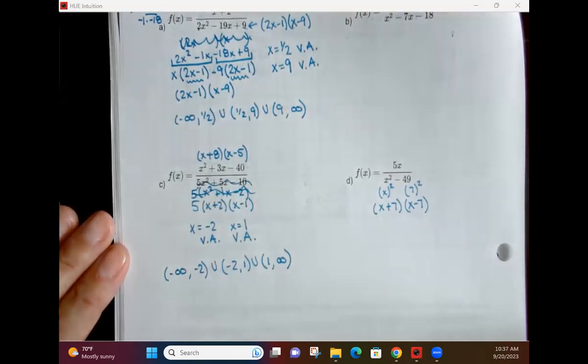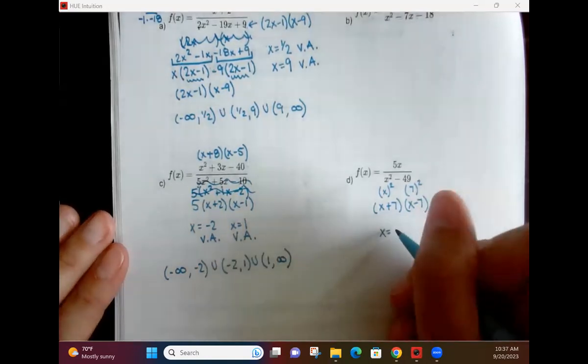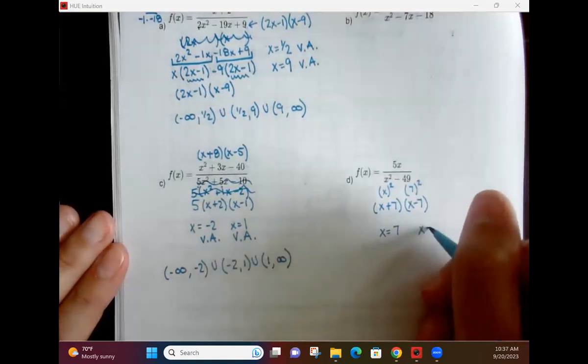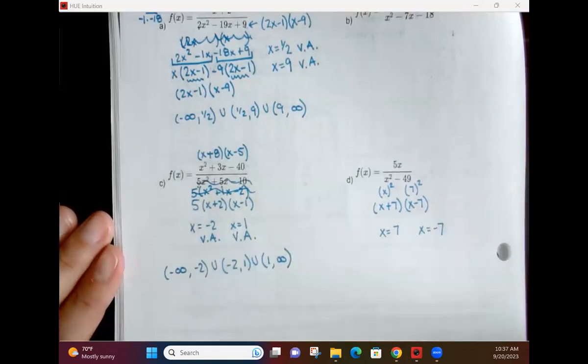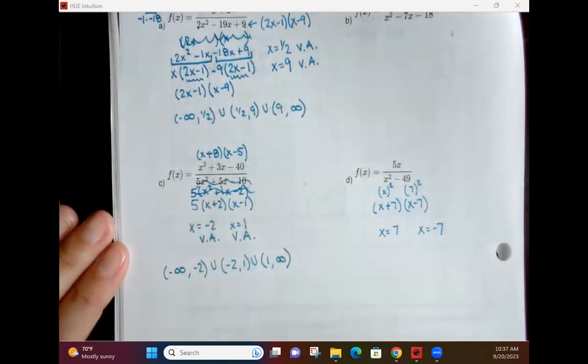What values do I need to exclude here? What can X not be? 7 and negative 7. X cannot be 7. X cannot be negative 7. Can I reduce either of those factors with what's on the top? Nope.